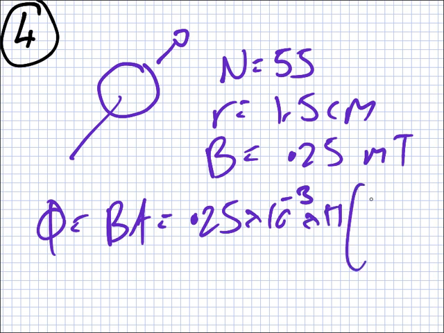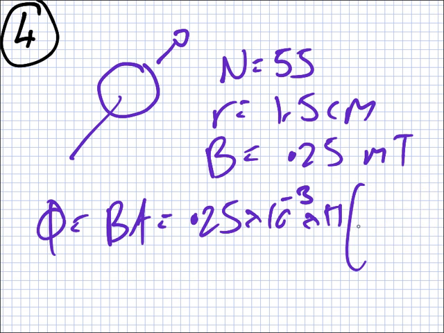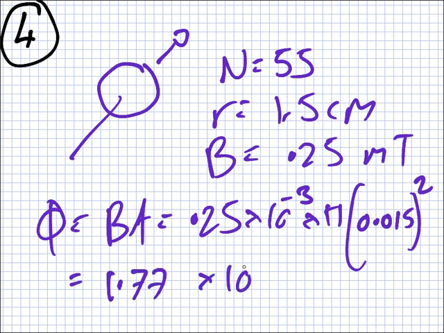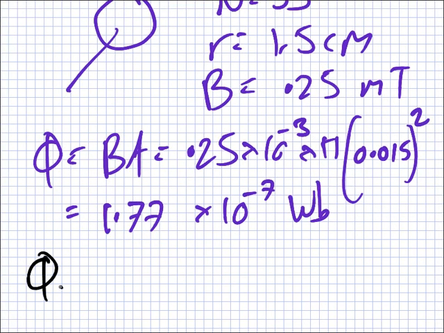1.77 times 10 to the minus 7. You wrote it again. No, the radius. Yeah, I keep dividing it by 2. Yeah, sorry. What is it? 1.77 times 10 to the minus 7. Okay, and is the next one the linkage then? Yeah.